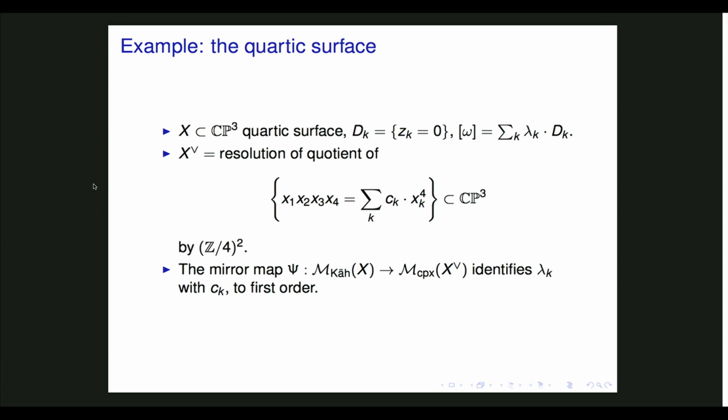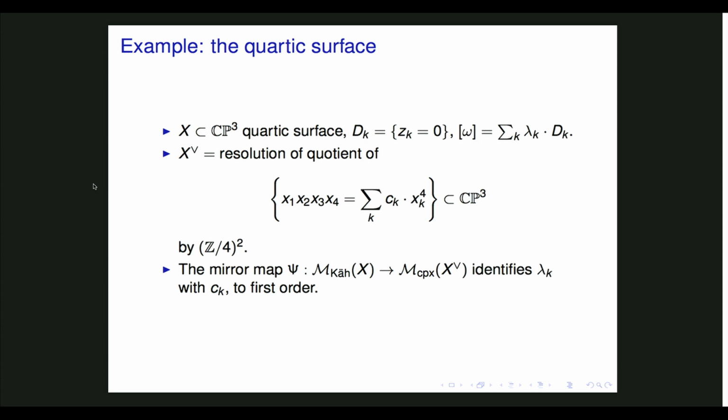We look at that quartic hypersurface, we quotient by a certain finite group action, and then we resolve the singularities. Now it turns out that even though we have a 4-dimensional space of choices of these parameters ck, up to isomorphism, we only end up constructing a 1-dimensional space of complex varieties.